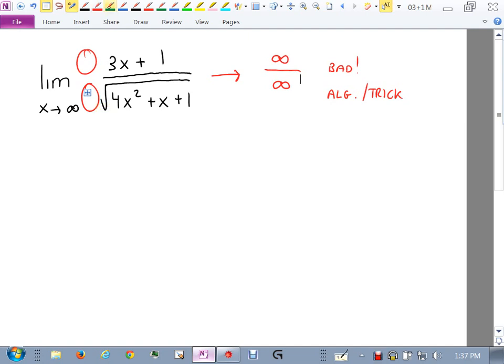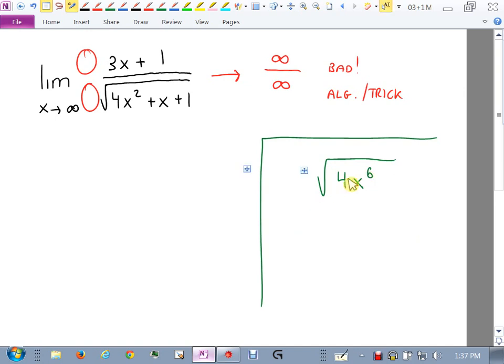Let's do it this way. If I said, what's the square root of 4x to the 6th, what would you tell me? You would say, okay, what's the square root of 4, right? And let's put a y out here. You would say, okay, the square root of 4 is 2, so I bring that out.